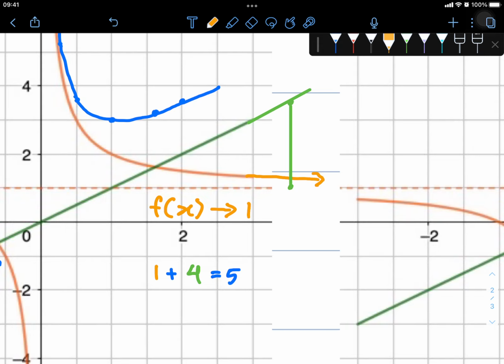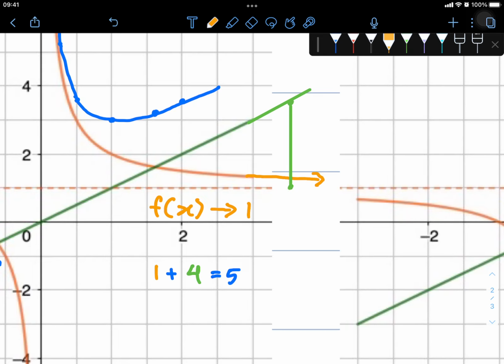As we move further to the right, f is still approaching 1. But g, since it's a linear function, is going to equal 5. So 1 plus 5 is 6. When we move even further right, f is still going to approach 1, but g is going to take the next function value, which is 6.